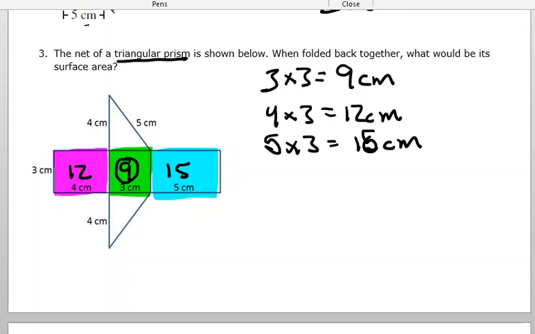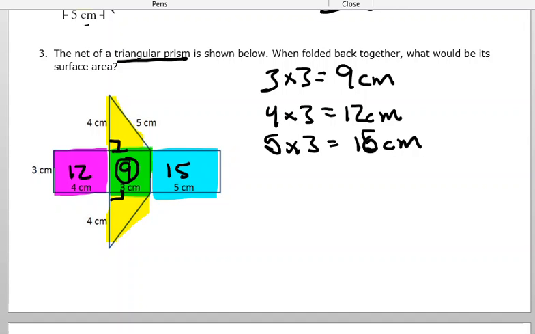All right, and now what's left are my two triangles that come together on my triangular prism. I'm looking for the base and the height. To do that, I need to find the perpendicular lines of the triangle, meaning the lines that make the right angle here.